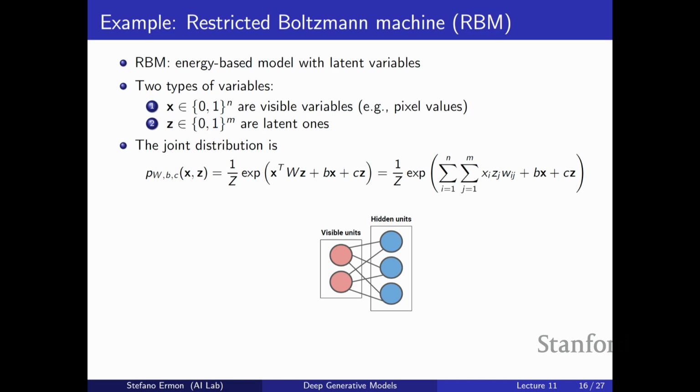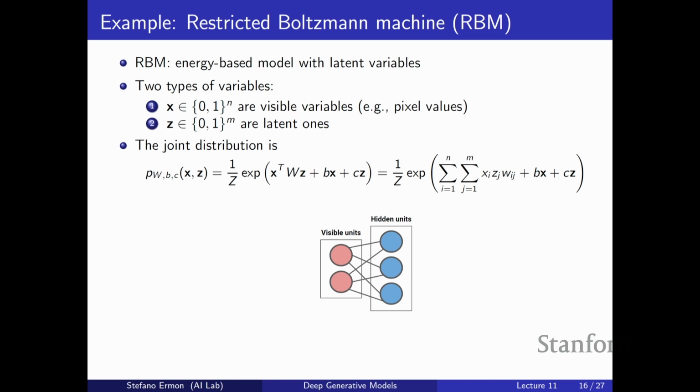And the joint distribution between z and x is an energy-based model, and it's a pretty simple one, in the sense that there is the usual normalization constant, there is the usual exponential, and then the energy is just a quadratic form.